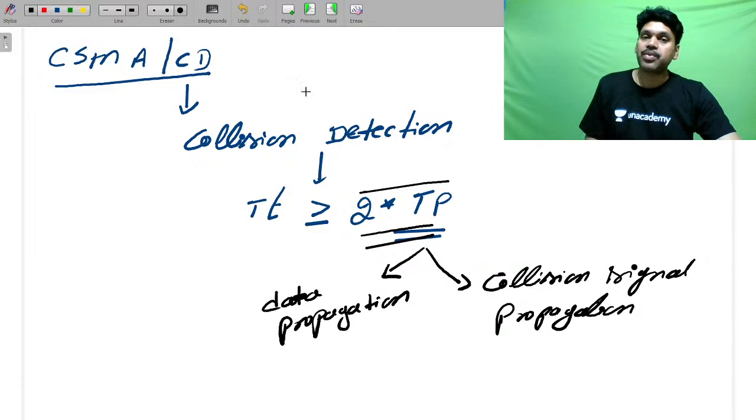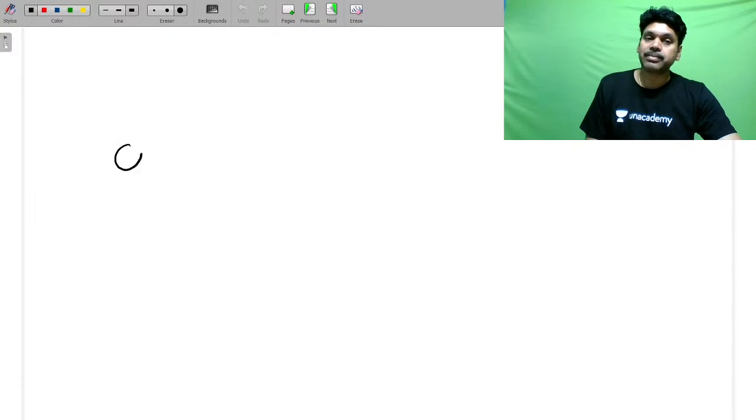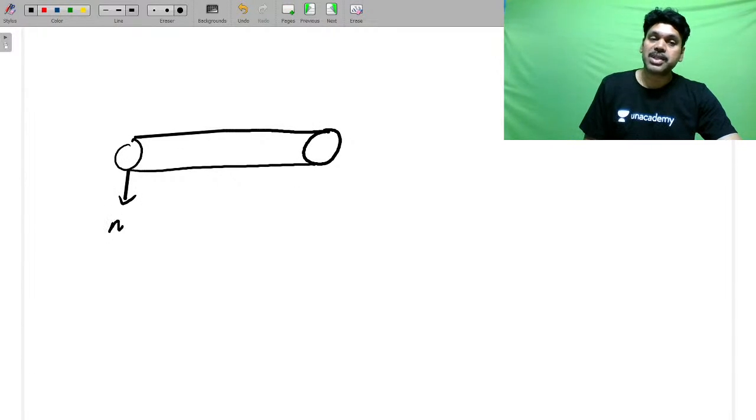So whenever nodes are involved in a collision, let me give one sample example, N1 and N2. Due to propagation delays, N1 data is in the media and N2 data is also in the media.